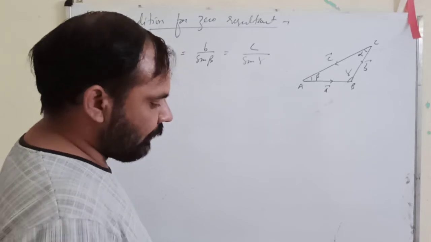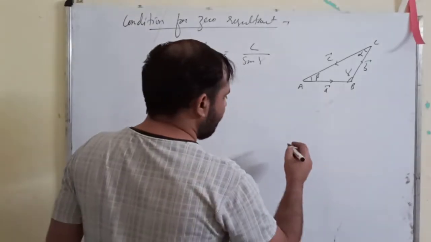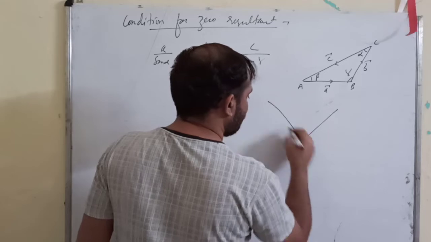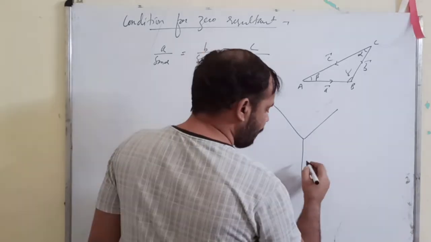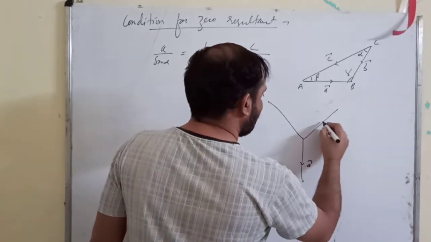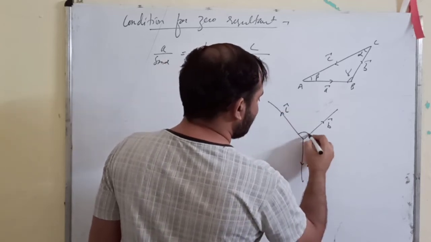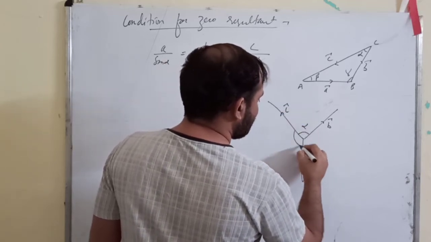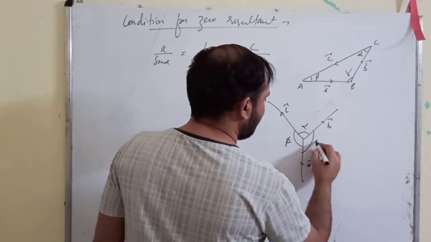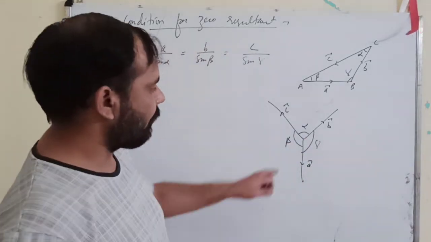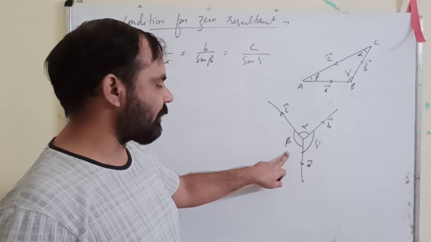Okay. Similarly, suppose you have A vector, B vector, and C vector, and let us suppose this angle is alpha, this angle is beta, and this angle is gamma. Okay, this is another condition.